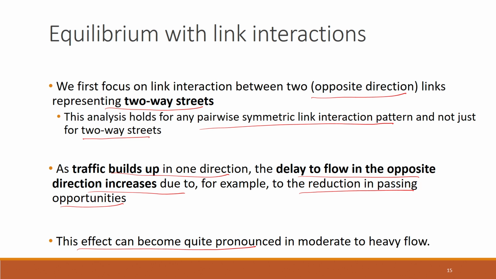When the interaction is not significant, for example, when the flows in both directions are so low, then there might not be any interactions, and considering that the travel time in one direction will be a function of both the flows will not be precisely correct. So, in that case it is not very useful, but only when the traffic flow is moderate or heavy, then this kind of assumption is useful.